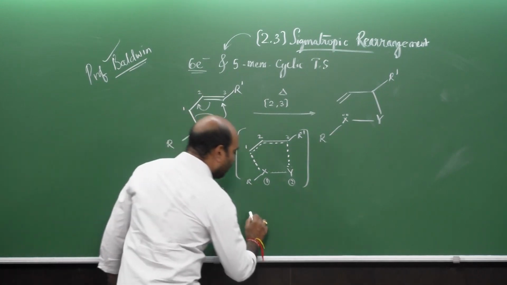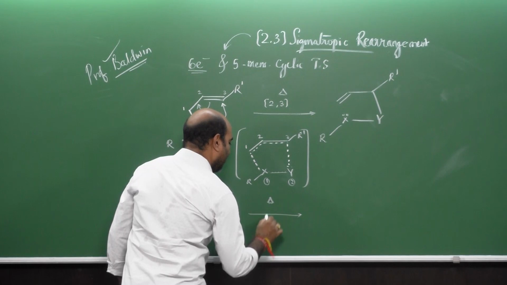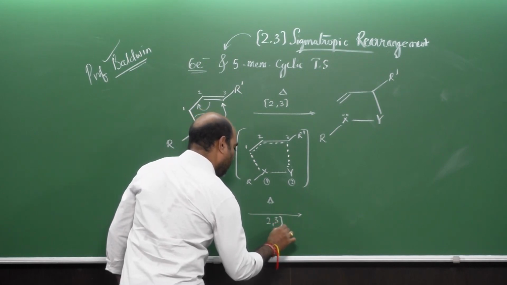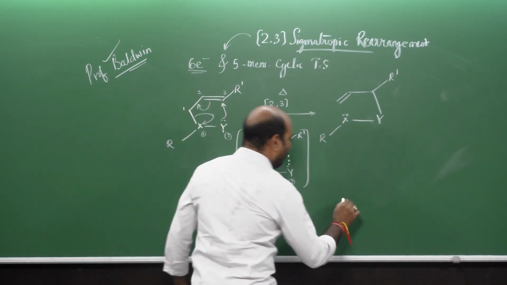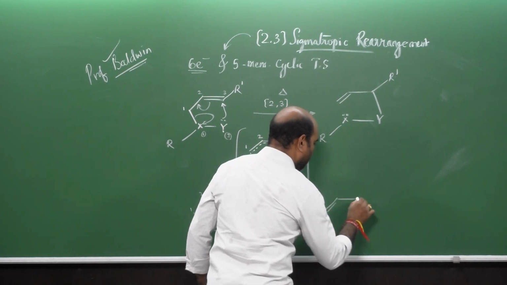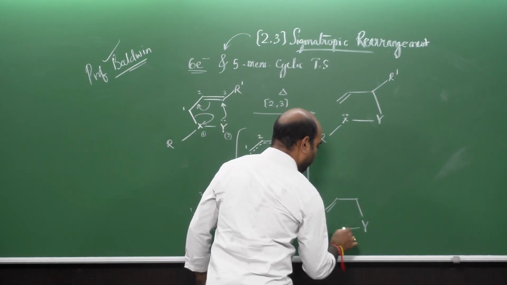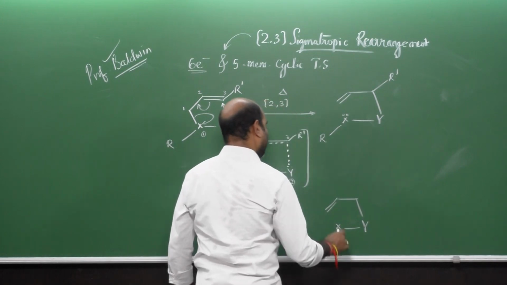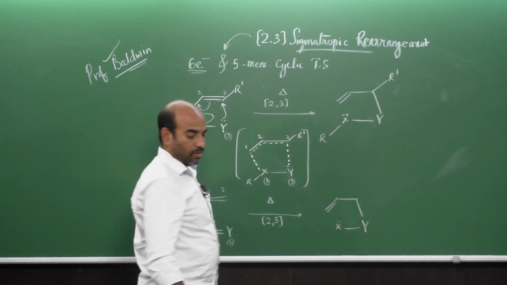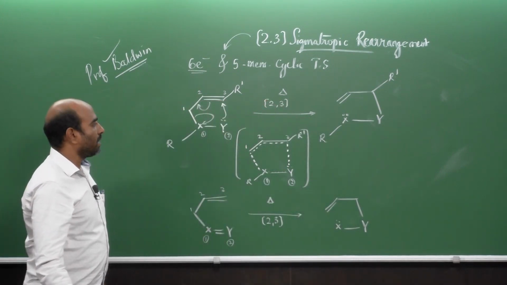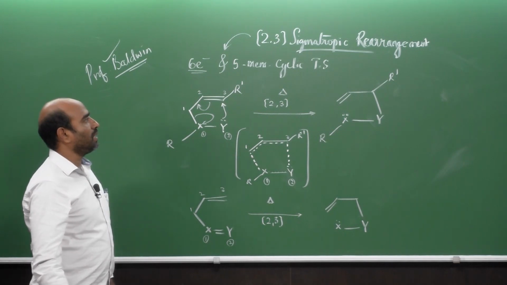So, now under thermal conditions via the cyclic transition state, it undergoes 2,3 sigmatropic rearrangement and then shows this product Y and then X. So, this is what is going to happen in the 2,3 sigmatropic rearrangement.